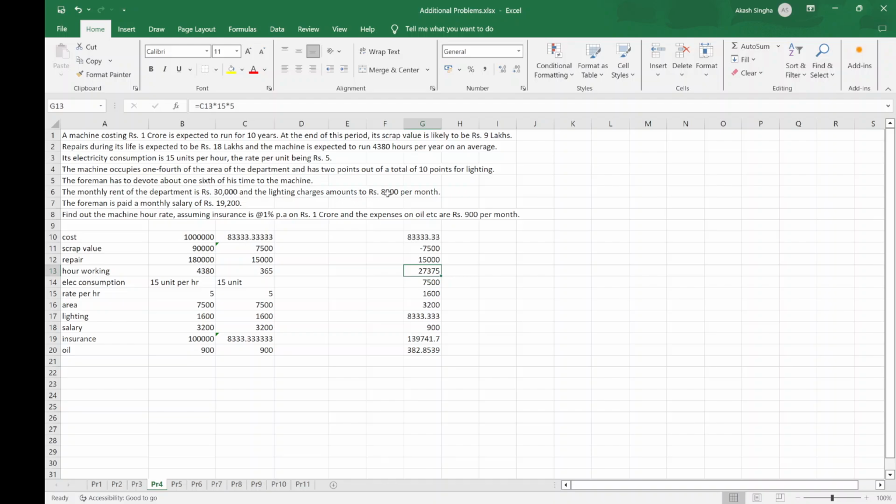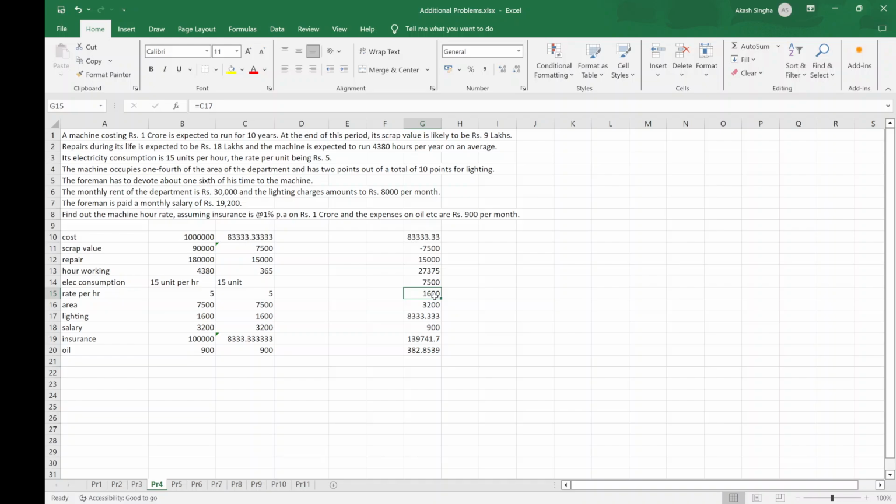So 1 by 5th of 8,000 is 1,600. Lighting value is this. And for monthly rent, 30,000, and it is one-fourth. So one-fourth of 30,000 is 7,500.